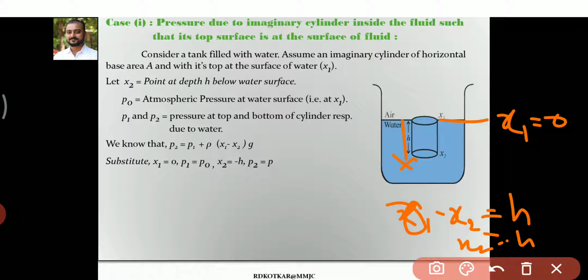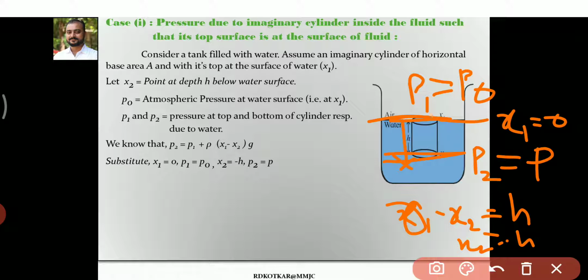Second, P1 is the pressure at the top, which is the atmospheric pressure. P2 is the pressure at the bottom of the cylinder, which we have to measure, and we call it P. In this manner all the suffixes are considered here.